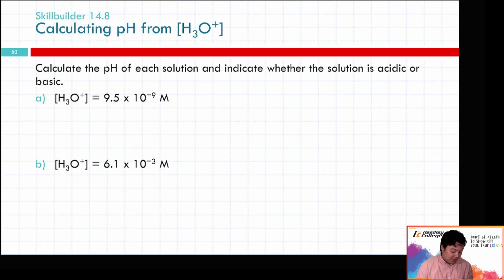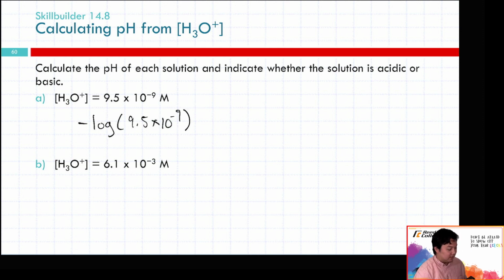So let's convert these numbers from molar concentration to the pH. Again, the pH is the negative log of the molar hydronium concentration. We're going to do 9.5 times 10 to the negative 9.